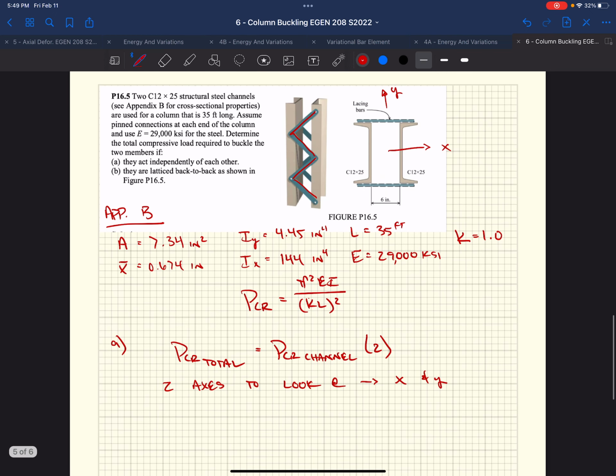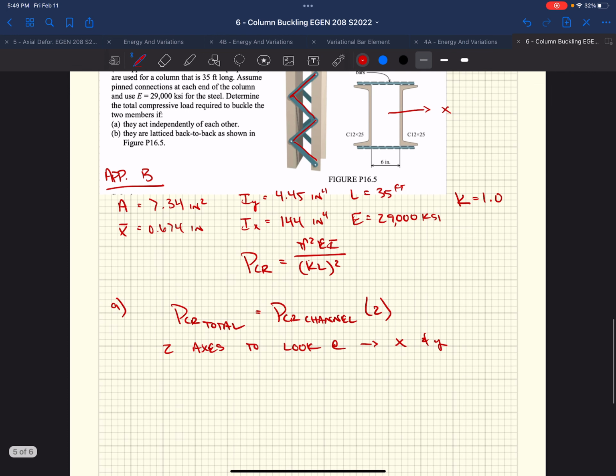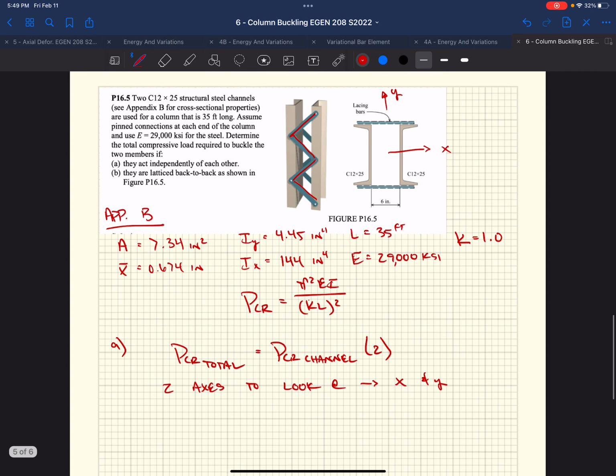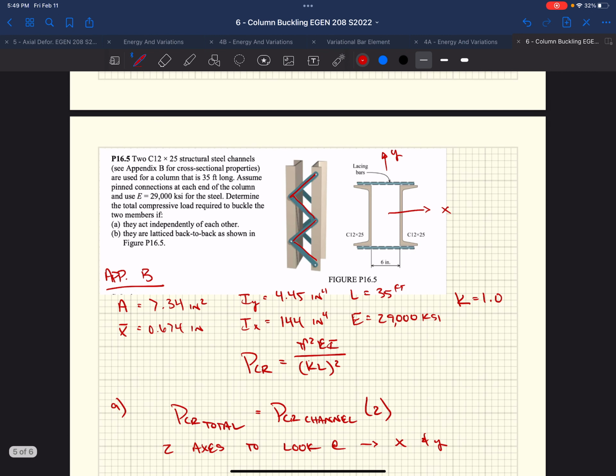So that'd be the buckling about the X-axis. So if we were buckling about the X-axis, that would mean we would rotate about the X-axis. That would mean that our cross-section is really traveling along the Y-axis, right?